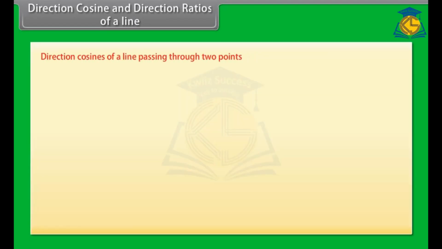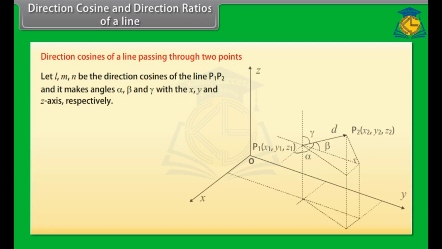Direction cosines and direction ratios of a line. Direction cosines of a line passing through 2 points. Let L, M, N be the direction cosines of the line P1P2, and it makes angles alpha, beta, and gamma with the x, y, and z axis respectively.